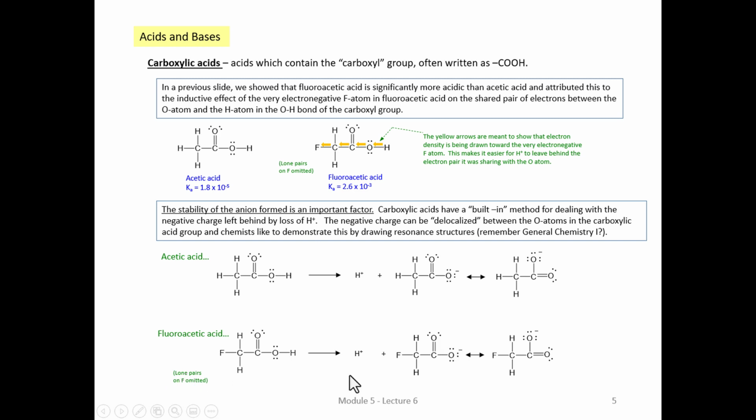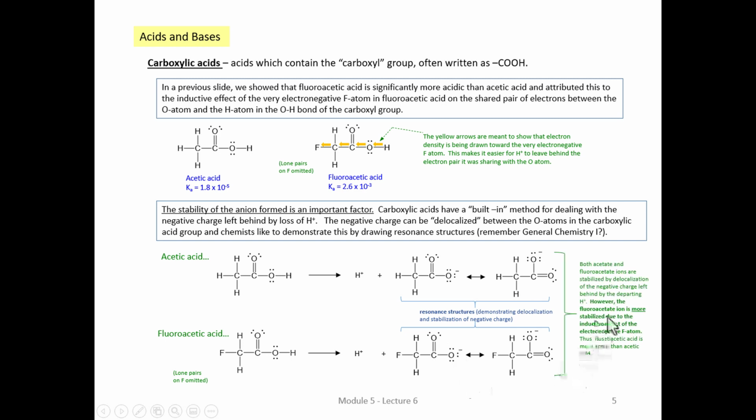Now, fluoroacetic acid has an even better chance at handling this negative charge, as we said before, because it too tries to delocalize the negative charge around the carboxyl group, but it can also pull electron density away from this part of the molecule and stabilize this anion even more.